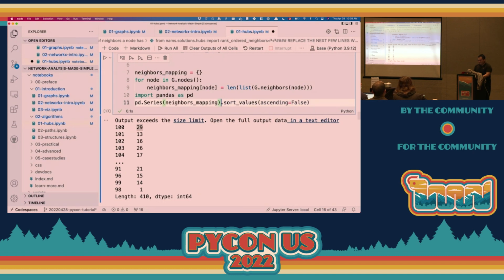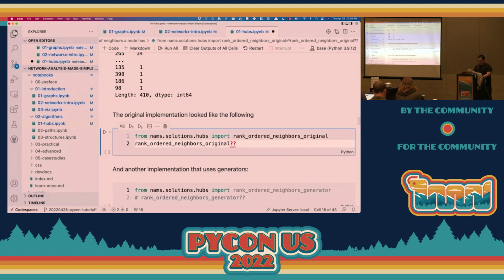And if we add in a sort values over here, then the first entry in this series will be the node that has the most number of neighbors. And you should get node 51, followed by node 272, followed by node 235, et cetera, right? So that's sort of the answer here.